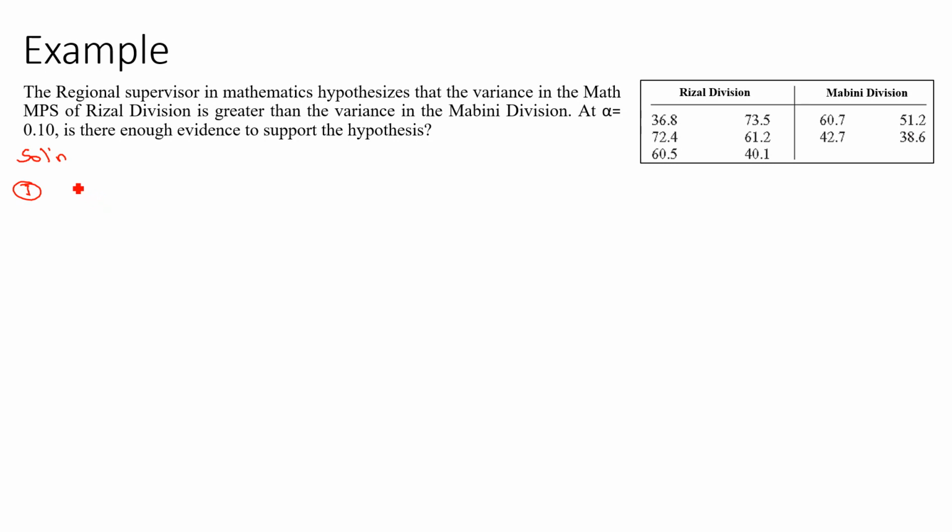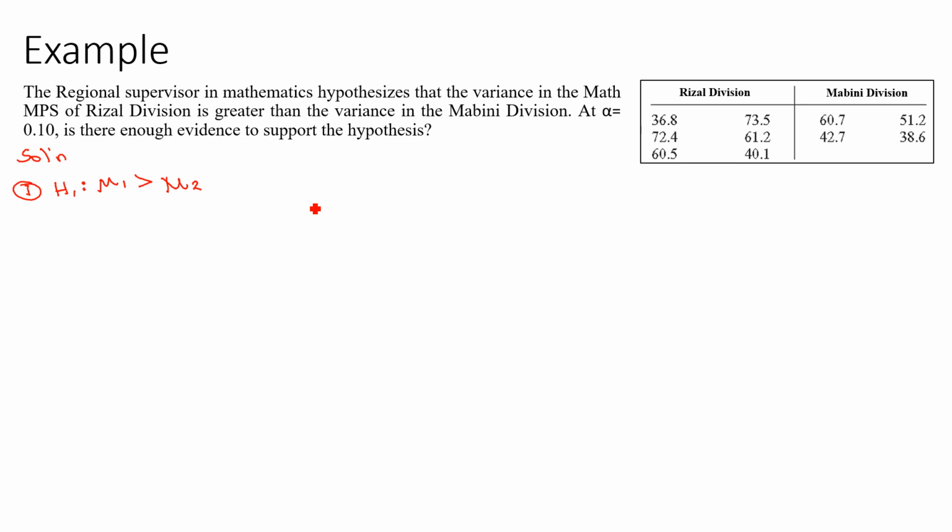Technically, this is the claim of the regional supervisor. If let's say you have mu1 greater than mu2, this would be our alternative hypothesis, which is the claim of the regional supervisor.